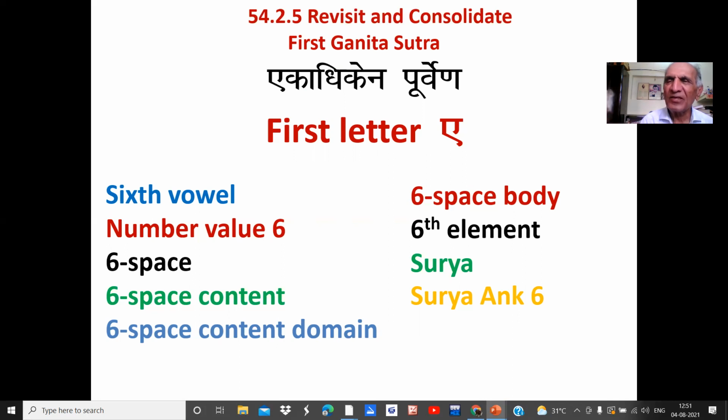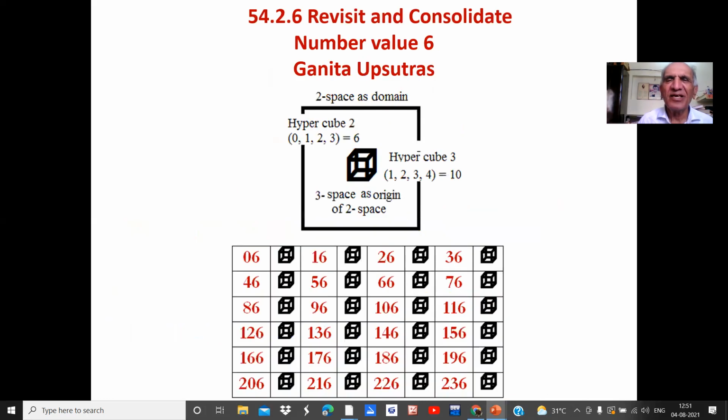First letter, the sixth vowel, the number value 6, 6 space content, 6 space content domain, 6 space body, sixth element, Surya, sun, and Surya Ank, the number value of the sun, as 6. We know that 6 is the first perfect number.